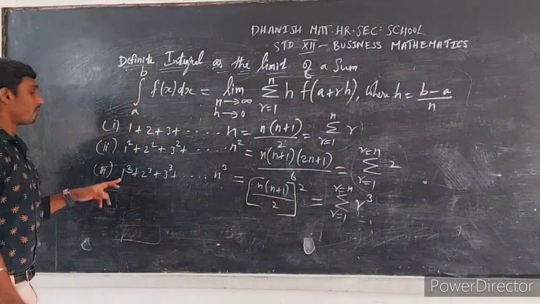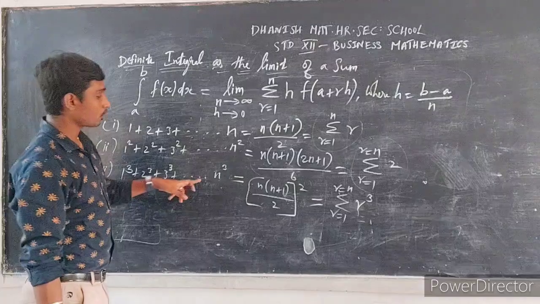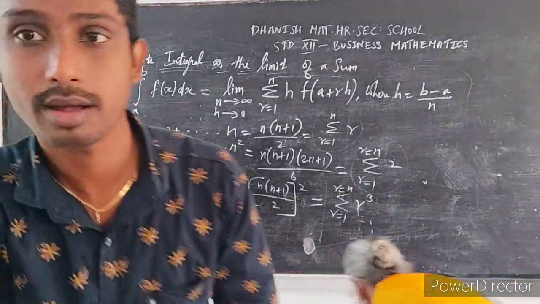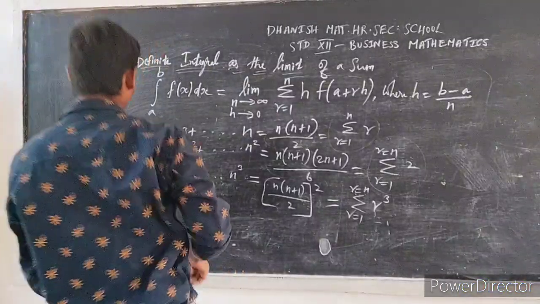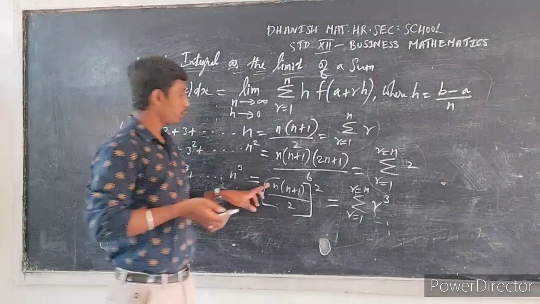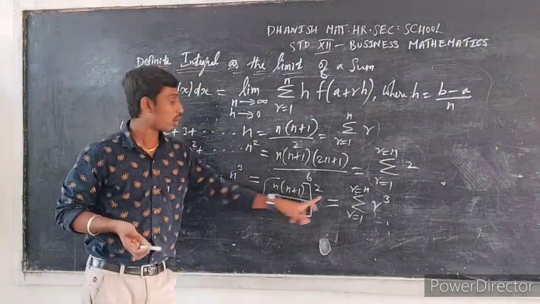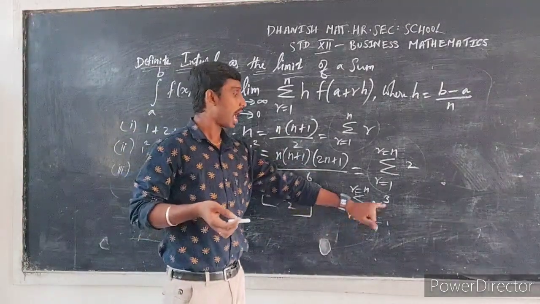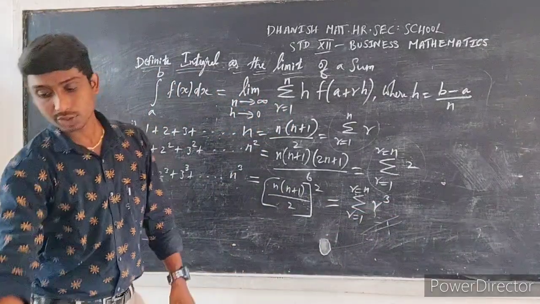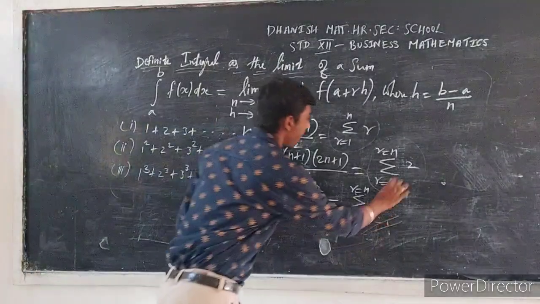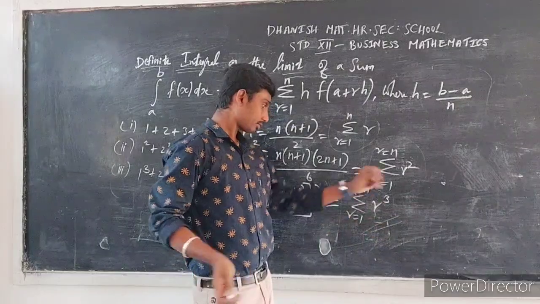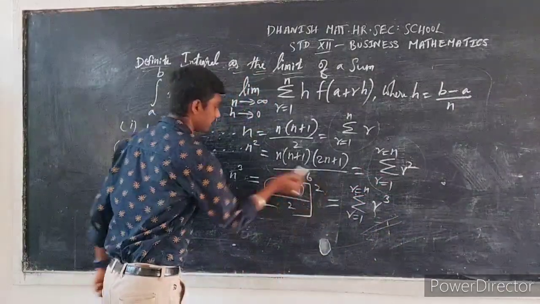Then 1 cube plus 2 cube plus 3 cube up to n cube equals n into n plus 1 divided by 2, the whole square, which is the summation of r cube. Here r square, here r cube comes into the sum. You have to substitute this formula.